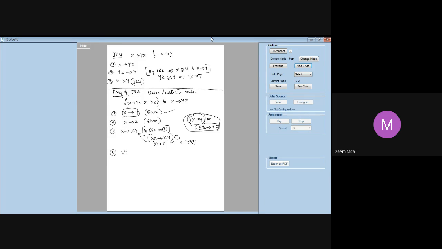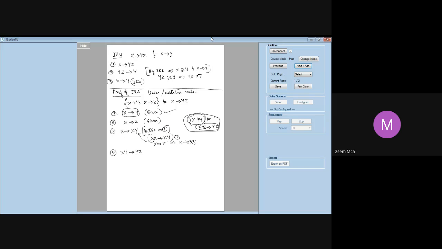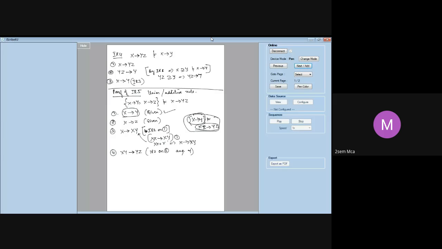Adding Y. I will apply IR2 on 2, augmenting it with Y. That means I am adding Y on both the sides of 2. So I will get XY determines YZ. Okay. So our fifth step.